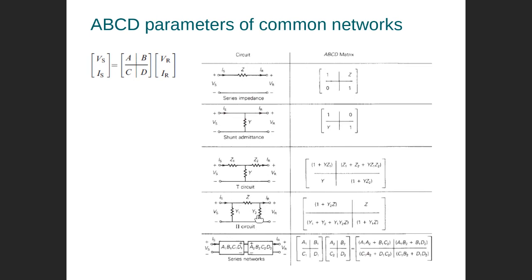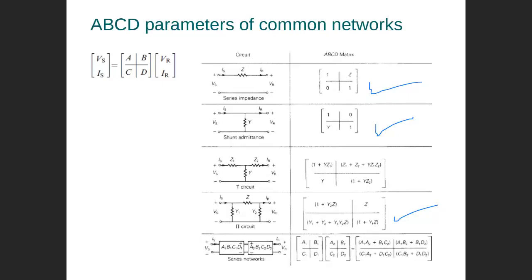If they are not equal, this will be Y2 and this will be Y1, so this is Y plus YZ. What you need to remember now are three of these. This one you don't need to remember.